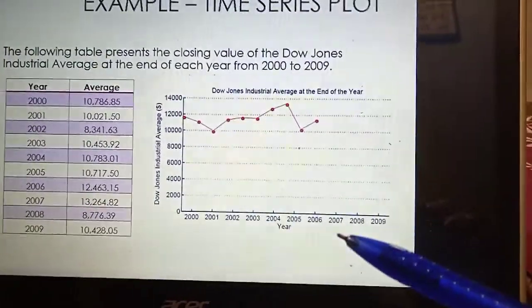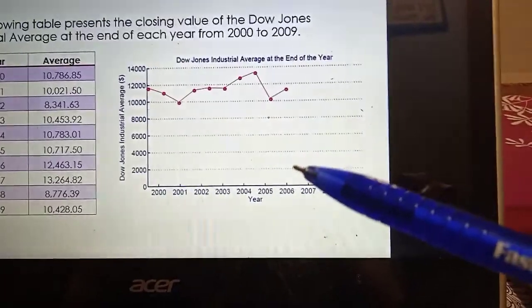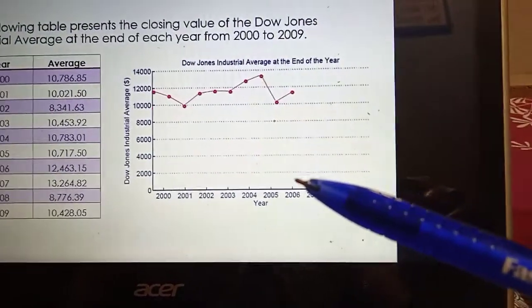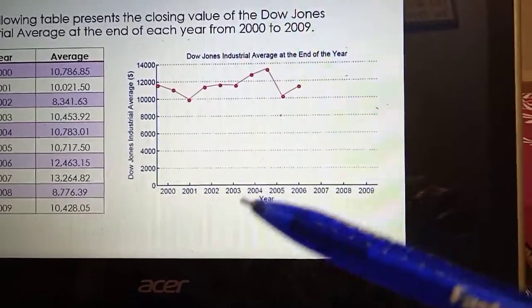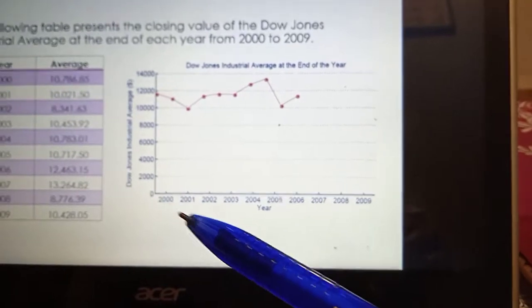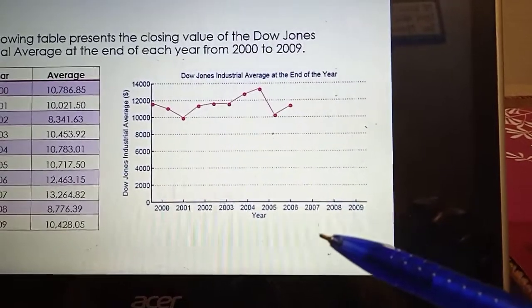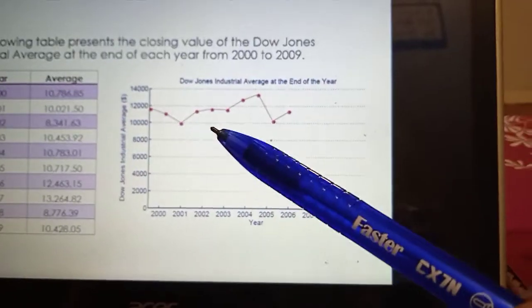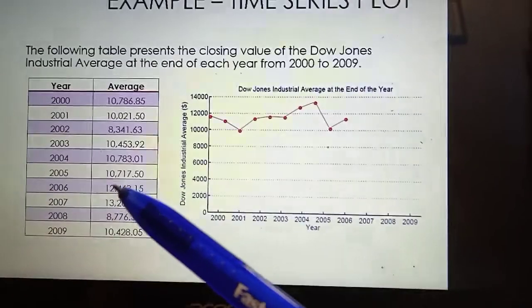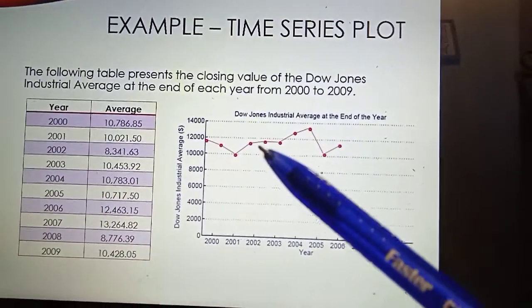If we transform it into graph form, on the y-axis is the value, and on the x-axis is the number of years observed. We plot using data from the table, and then we can see the trend.